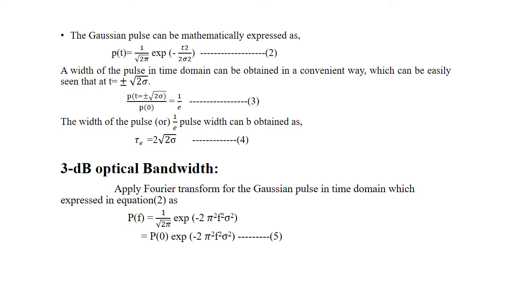Next we are going to see the 3 decibel optical bandwidth. In order to find the 3 decibel bandwidth of the optical pulse, we have to find the Fourier transform of the Gaussian pulse in the time domain, which is expressed in equation 2 as P of f is equal to 1 by root 2 pi exponential of minus 2 pi squared f squared sigma squared, that is P of 0 exponential of minus 2 pi squared f squared sigma squared.